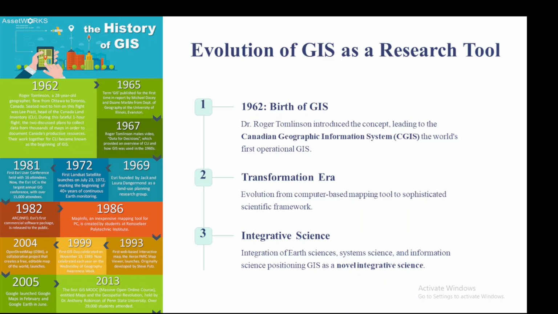This evolution isn't only technological, it is also systematic, which means that new theories lead to better methods, those methods drive software, and the software reshapes entire industries. So, from a single researcher's experiment in the 1960s to today's global web-based analytical programs, GIS has grown into one of the most influential scientific and decision support tools of our time.